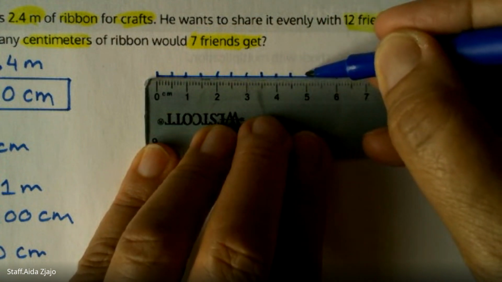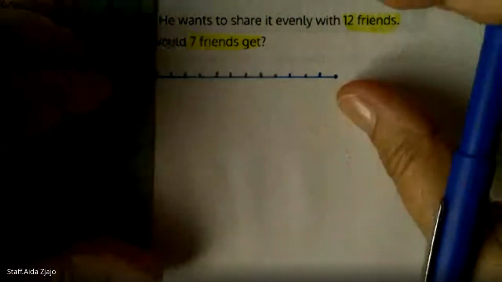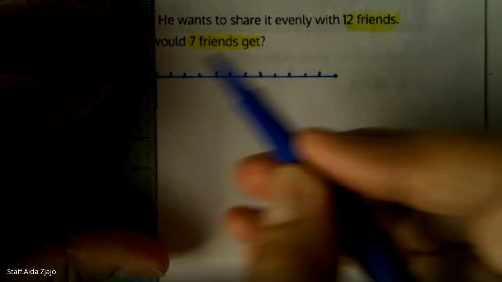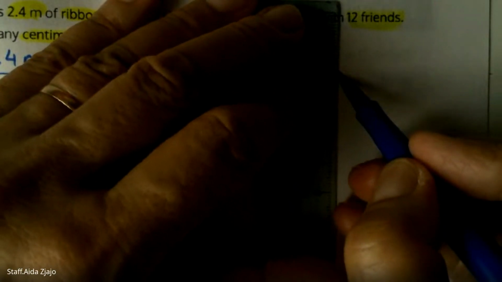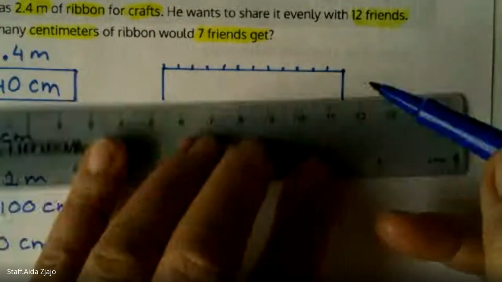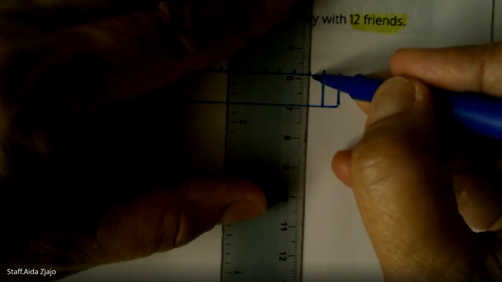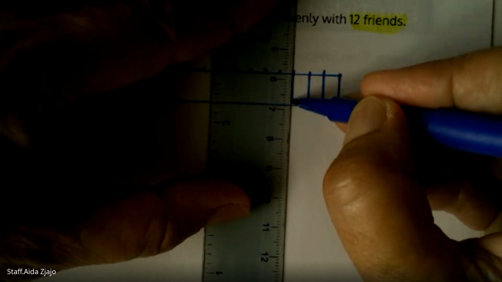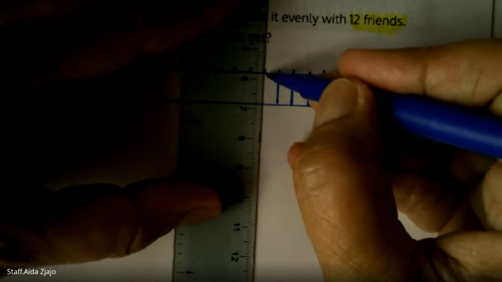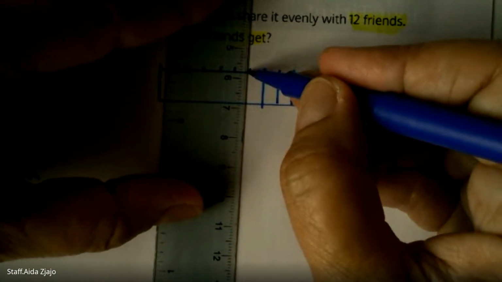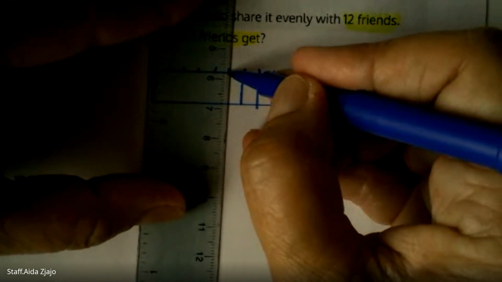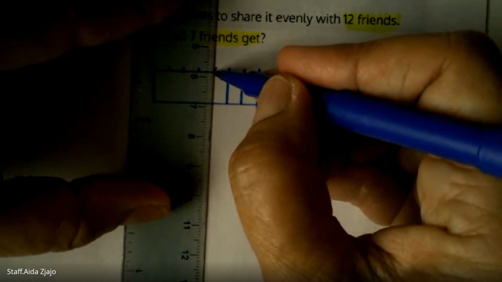All right, make it smaller. That's okay. Everything is allowed as long as it makes sense to you. So these are my friends, and we don't know how many centimeters of ribbon each of them will get.